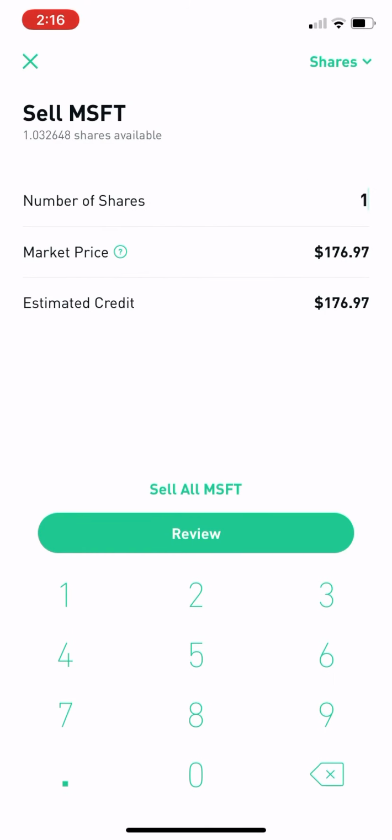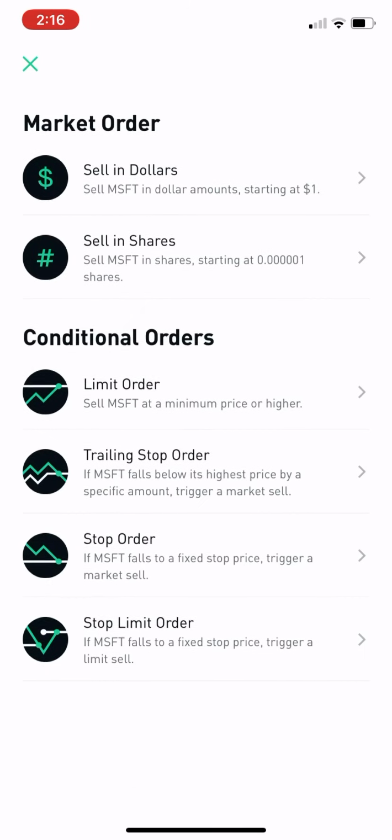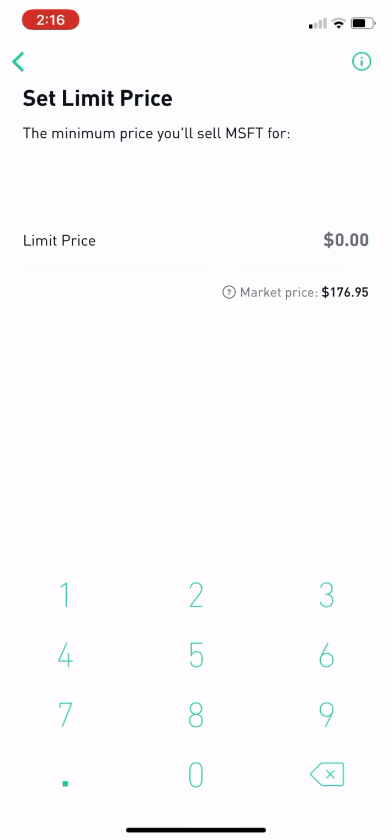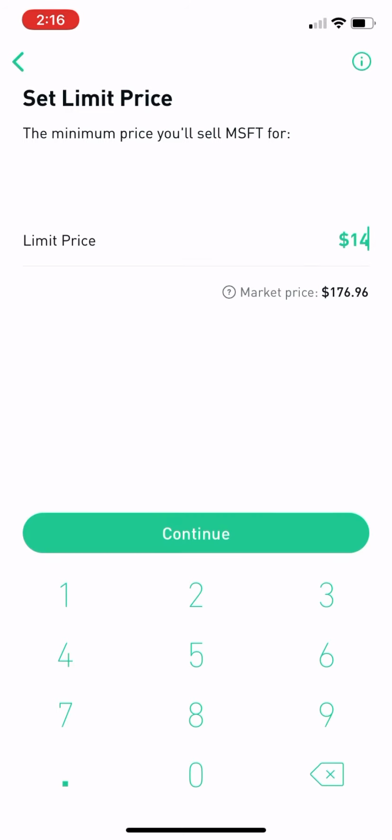Completely depends if you want to just sell it right now where it's at, or if you want to sell it at a limit order where you basically give Robinhood a command that I only want to sell the stock if it's at, let's say 170, oh, not 140, that would be pretty bad, but $178 per share or more. So you're telling Robinhood, I only want to sell this stock at $178 per share or more.